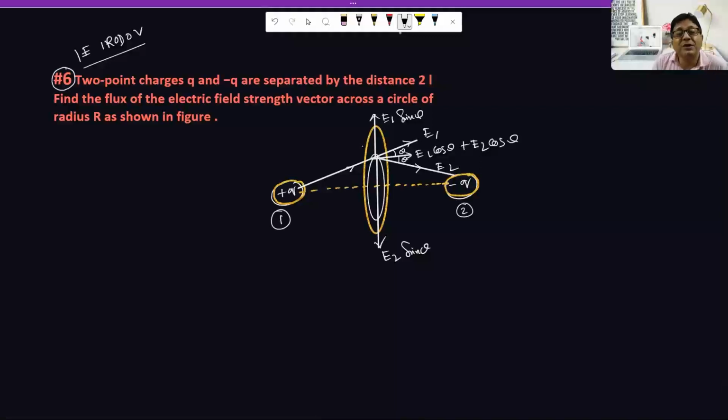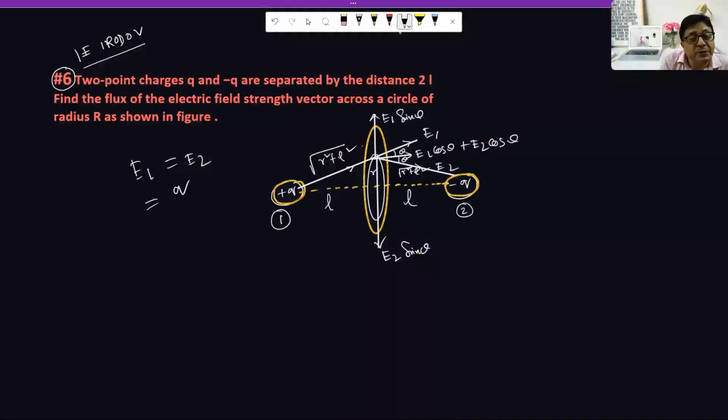But what is E1, what is E2? The problem is made simpler by stating that the distance is 2L and the circle area is kept midway. So this part is L, this part is also L. So the magnitude of E1 and magnitude of E2 will be the same. The distance is going to be R square plus L square here, and also here.